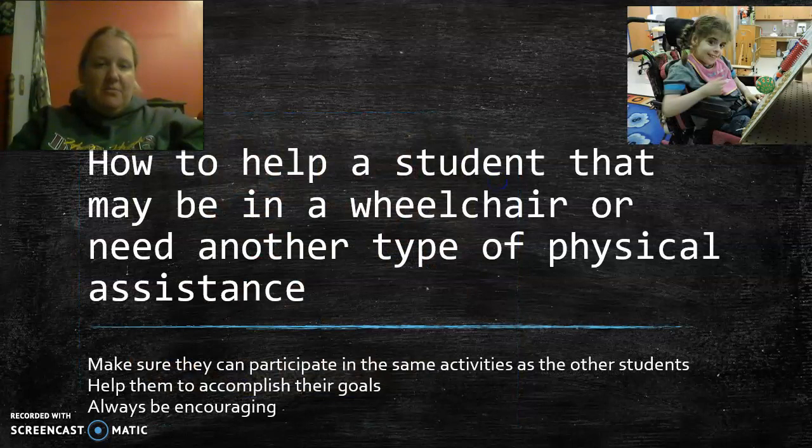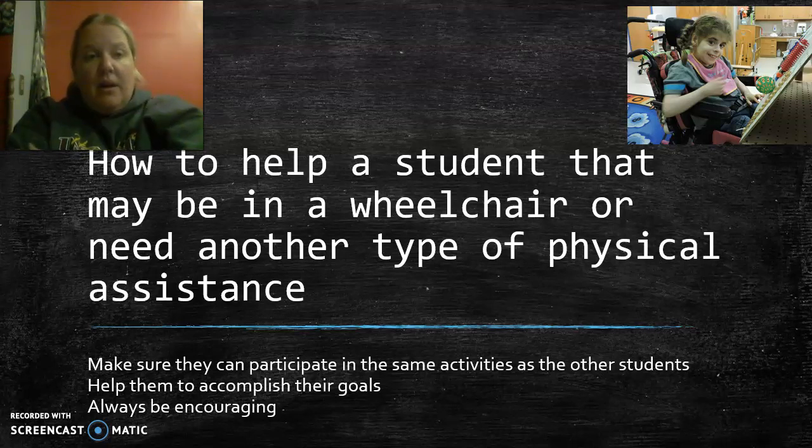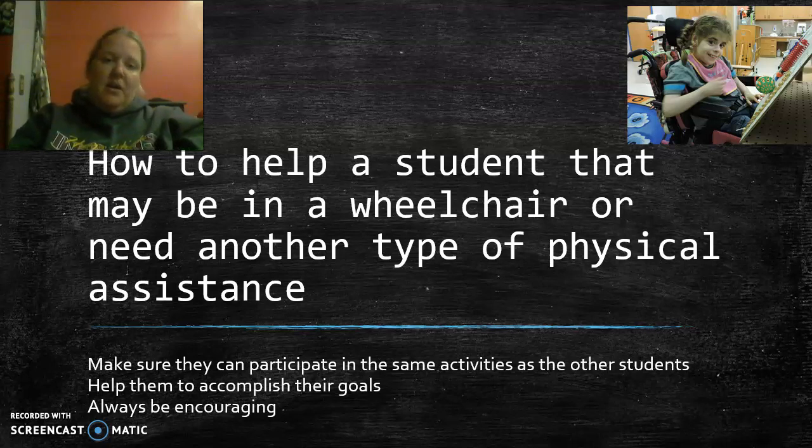How to help a student that may be in a wheelchair or need another type of physical assistance. So, my very first student as a sped para, he had knee surgery on both of his knees and he was in a wheelchair for a long, long, long time. And he had to relearn how to walk. Before he was able to do so, I had to do a lot of accommodations for him.